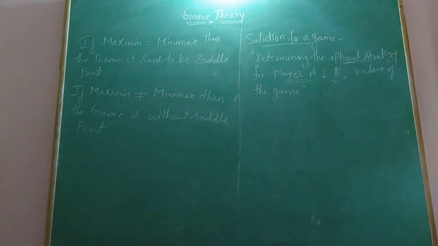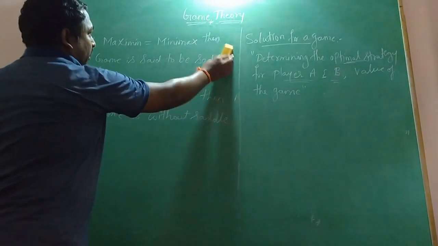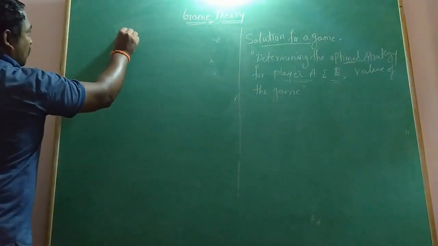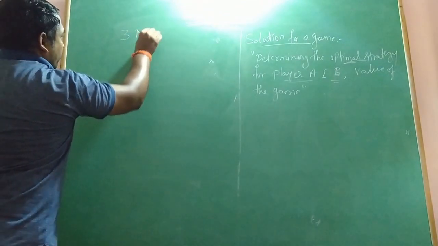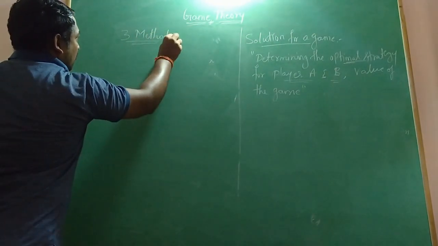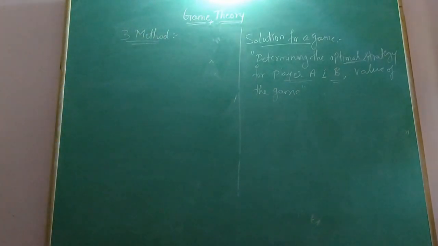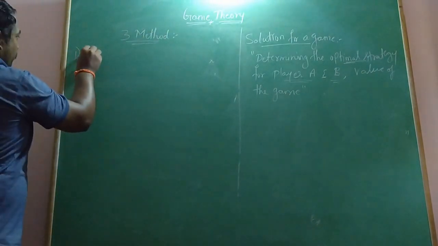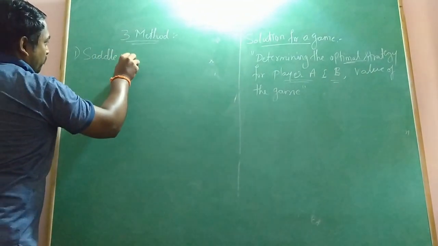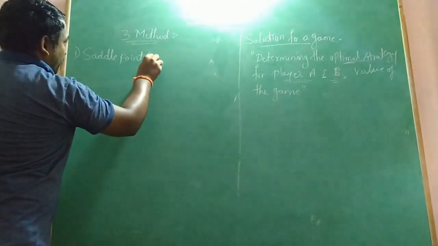To determine the solution for a game, we have three methods in game theory. The first one, saddle point concept.